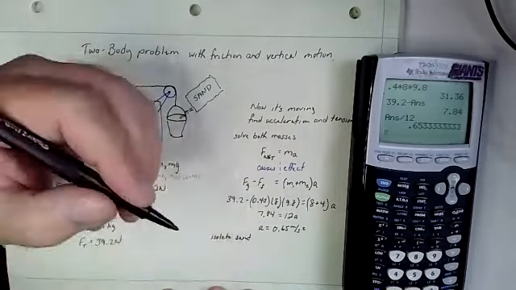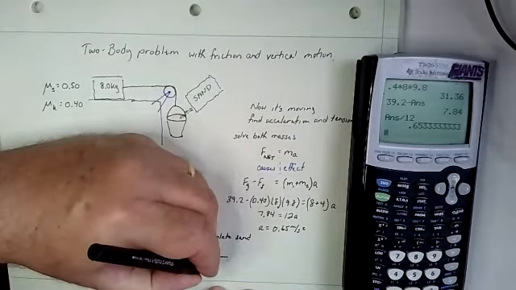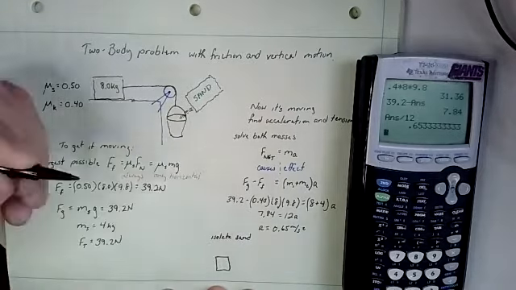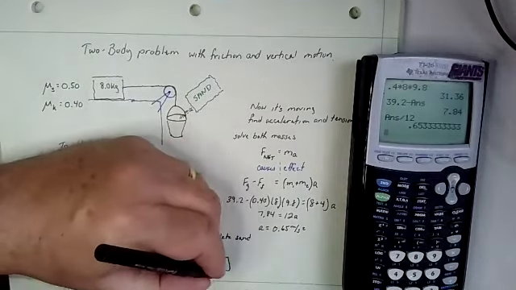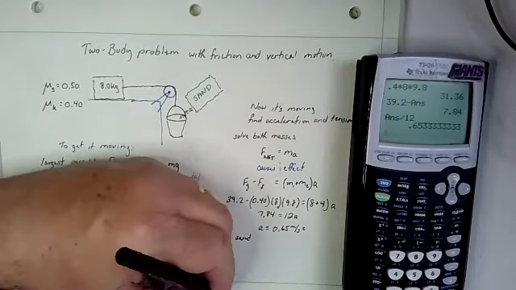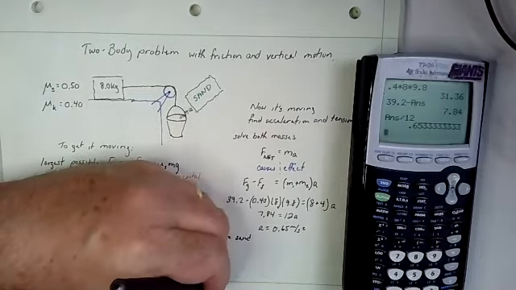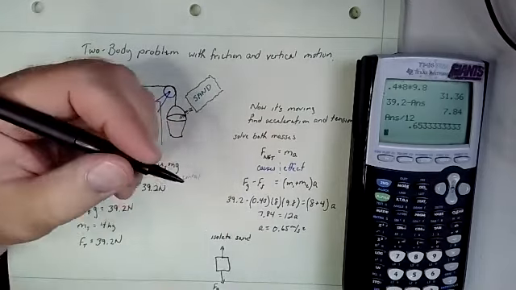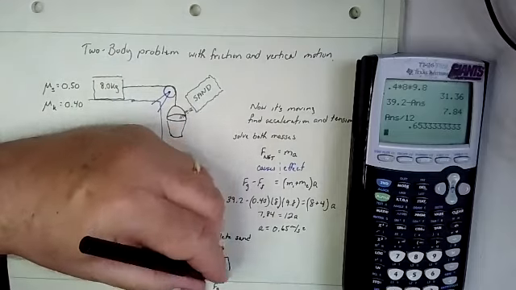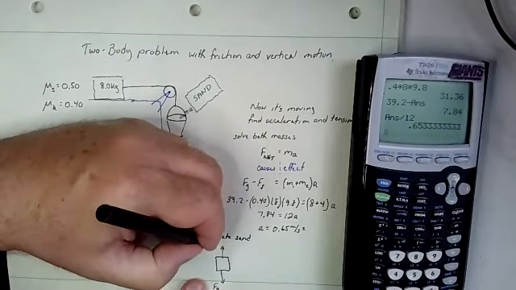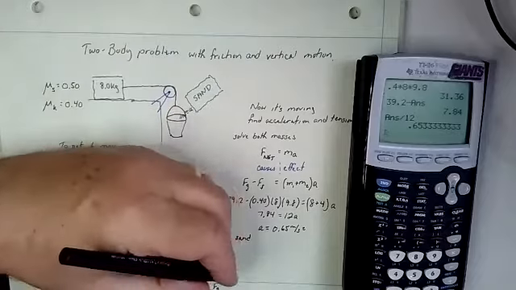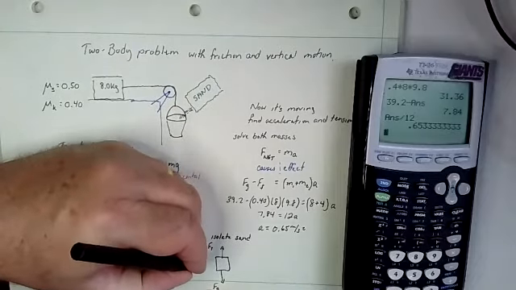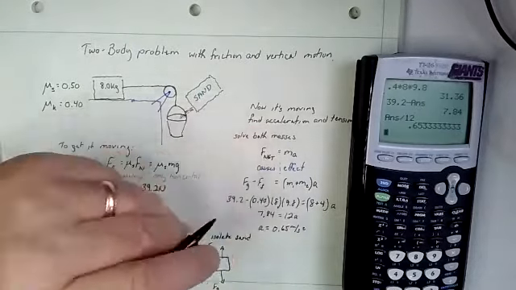And so the free body diagram for the sand is going to look like, I'm not going to draw a bucket again, but we have an upward force and a downward force. So the downward force is gravity, of course, and if only gravity was acting on it, it would be in free fall, but the tension holds it back. However, it's still accelerating downward, so we need to take that into account.